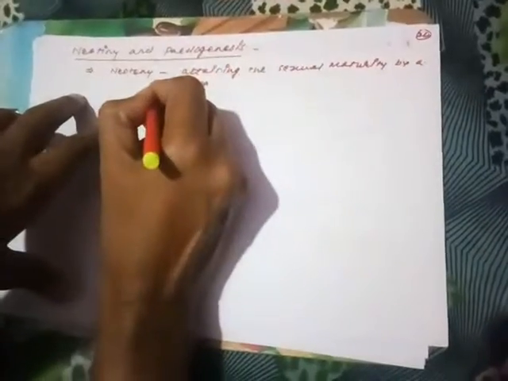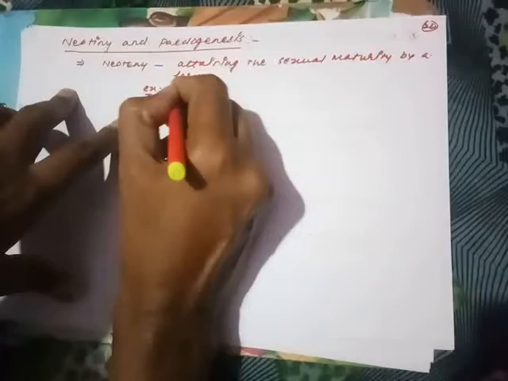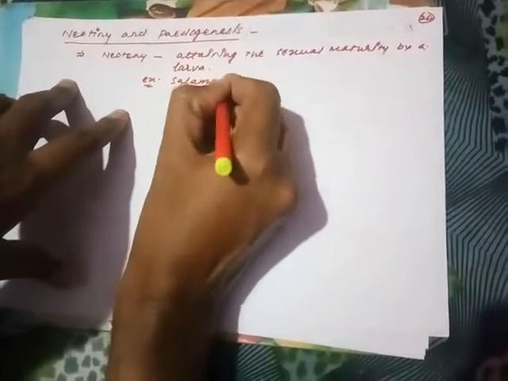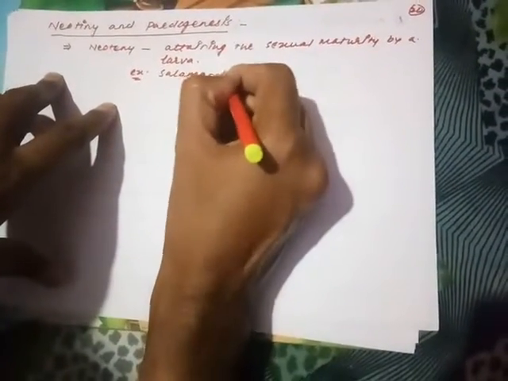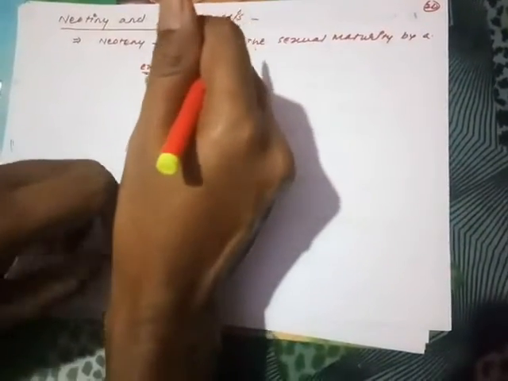This is common in salamander. This happens sometimes due to some factors. The larva remains in the larval stage only, and they develop the sexual structures and perform the reproduction only.